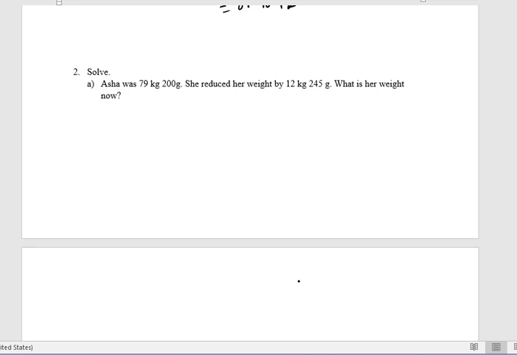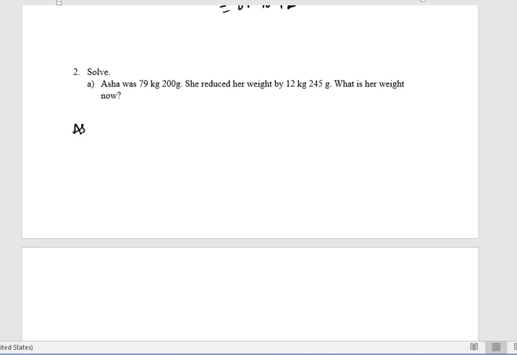In the next question we have: Asha was 79 kilograms 200 grams. She reduced her weight by 12 kg and 245 grams. What is her weight now? As it is a statement question, we have to write statements.